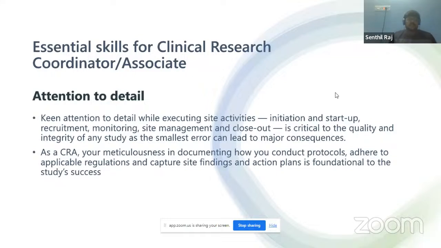Since I was involved in a 12,000 participant study, this is a massive study. It involves a lot of recruitment work. It took almost 2 years for recruitment. This happened during the initial times of COVID and at the end of COVID.